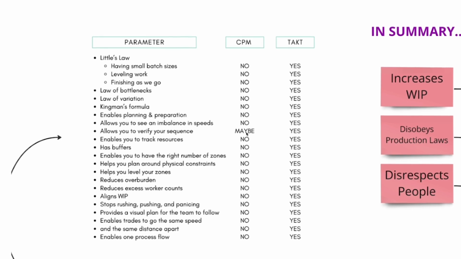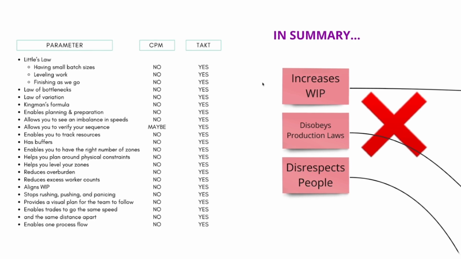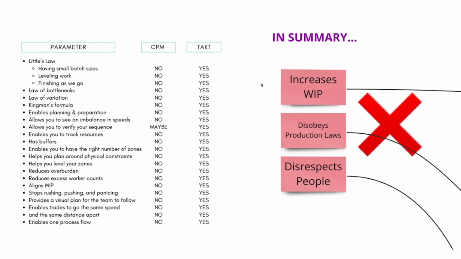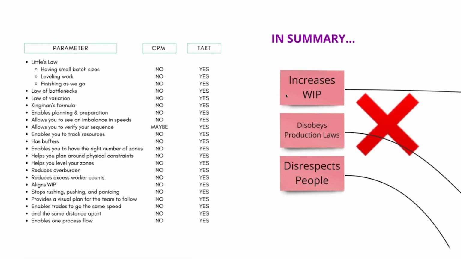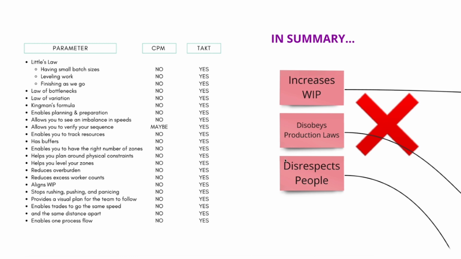Everything else is a no. And so in summary, Takt allows you to obey production principles, maintain or align your work in progress, and respect people. But in summary, CPM is a genius system for increasing work in progress, for disobeying production laws, and disrespecting people, which is why I hate it and will be committed to destroying it throughout the rest of my life.